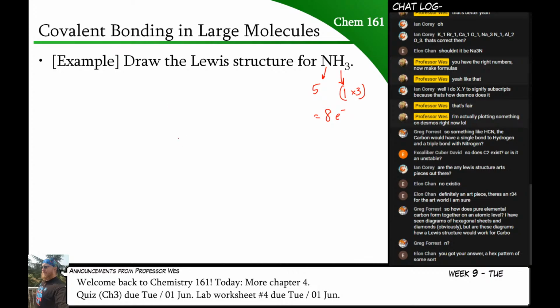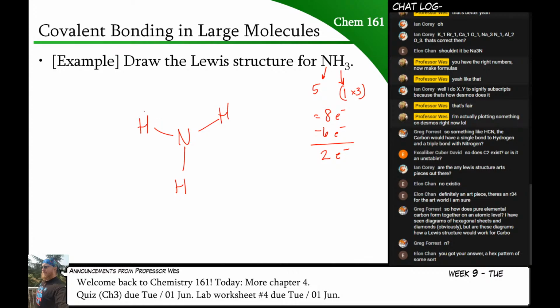Now I'm going to draw the blueprint, or my framework here. I'm going to put the H's around it so that I have equal access to all of them. And I'm going to connect them all. 1, 2, 3. 3 bonds is 6 electrons. So I'm going to remove 6 electrons from my total to get only 2 left.